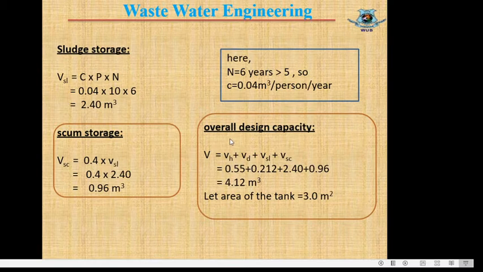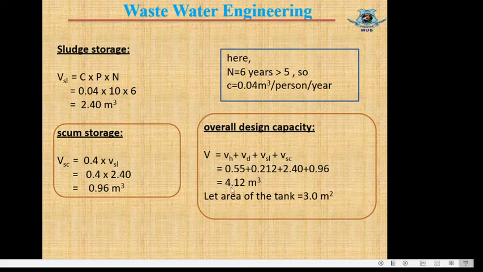Here in my first part of the lecture, I have discussed the calculation of the total volume V, and now let's take an area of the sedimentation tank of 3 meter square. There is no fixed provision to select this area. It's better to select it based on the area available at your construction site.